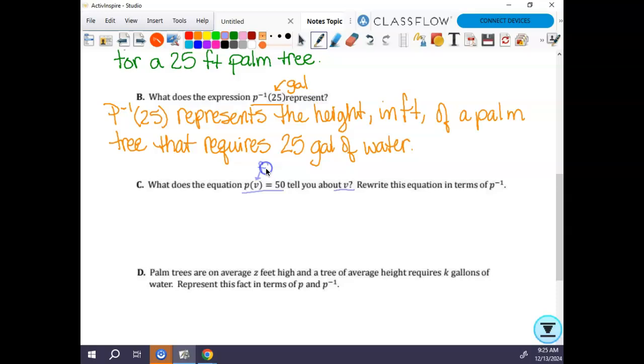Feet. And what does the 50 represent? Gallons of water, right? So P of V equals 50 tells me, what does it tell me about V?